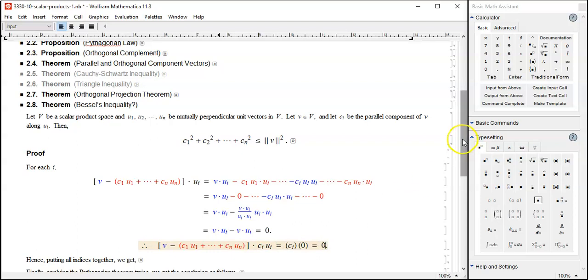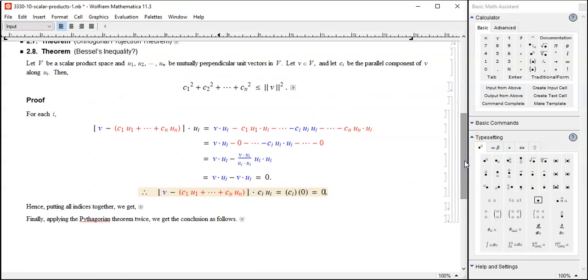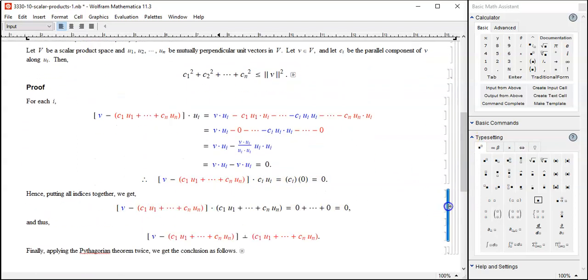Okay, all right. And then we're going to put all the indices together. v minus (c1 u1 plus c2 u2 all the way up to cn un), the orthogonal component, dot product of (c1 u1 plus c2 u2 all the way up to cn un). And what do you get? c1 u1 dot product of this, and as you saw before, that's 0.